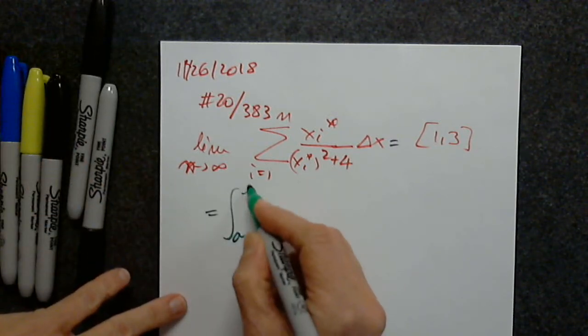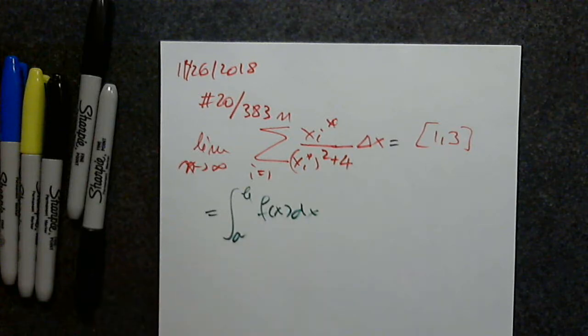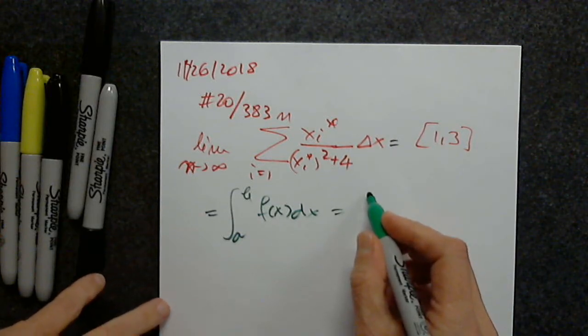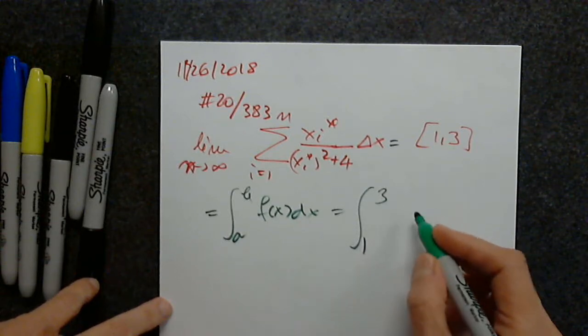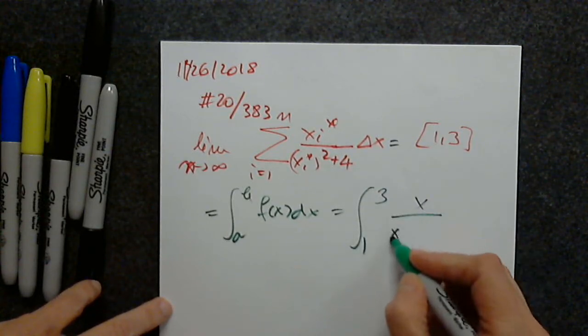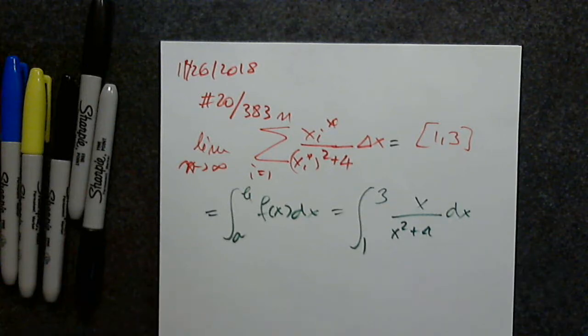This is the integral from a to b of f of x dx, because the integral from a to b of f of x dx is the limit of the Riemann sum. All we have to do is put in what we're missing. So delta x is b minus a over n. So the integral from 1 to 3, very good, and the function is x over x squared plus 4 dx.